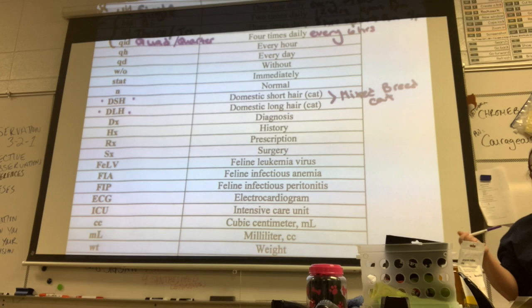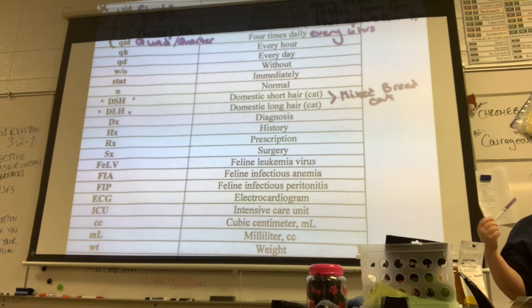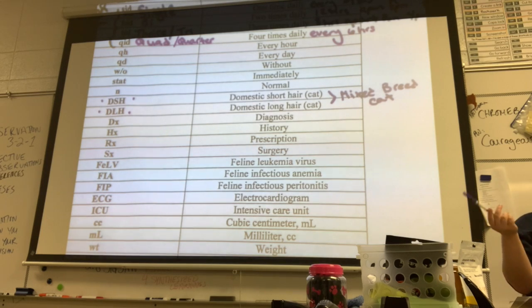Rabbits are also induced ovulators, which means as soon as they mate, the chemical response sends a signal to say, okay, my eggs can be fertilized. That's why you have that expression, people are breeding like rabbits. Every time they mate, they ovulate, so they can get pregnant anytime they mate. All right, so mixed breed cats are your DSH or your DLH.